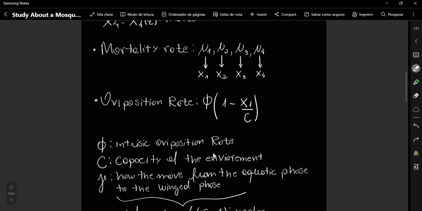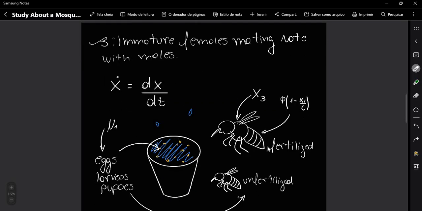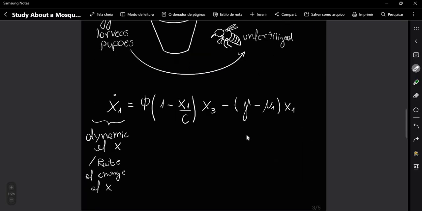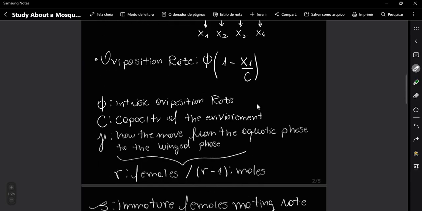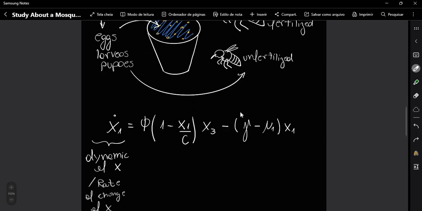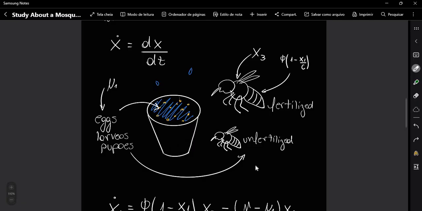The oviposition rate is related to this first stage, and we multiply this rate by x3, which is the density of fertilized females. x3 is directly related to the oviposition rate, because x3 are the fertilized females and this rate is their capacity to lay eggs.